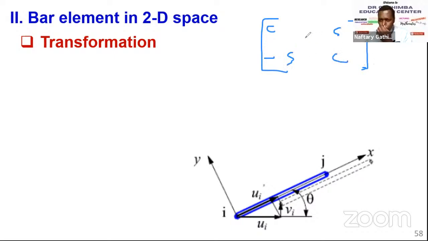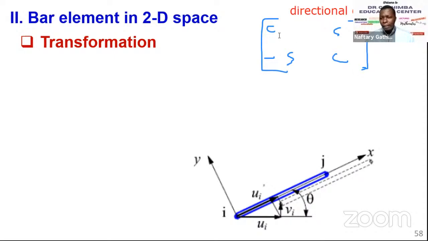And these cosines and sines are what we call directional cosines. Now I know some of you are already wondering, have we gone back to calculus 4? Directional cosines.